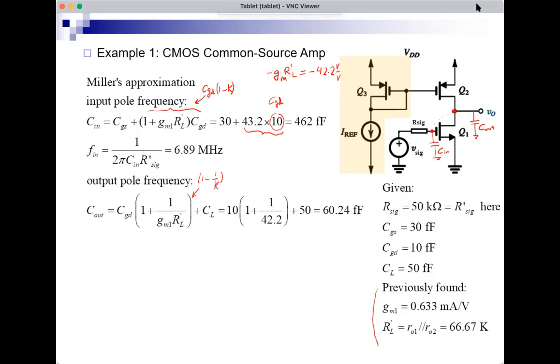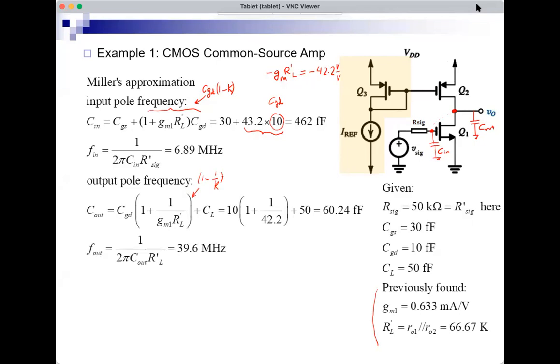So at the output, the contribution of CGD is not really major because I'm multiplying by 1 plus 1 over the gain, which is a number close to 1. So CGD appears as CGD plus a small increment. And then I have CL, which is 50. So I get 60.24 femtofarad. That's the capacitance at the output node.